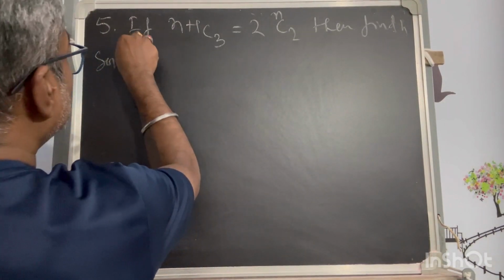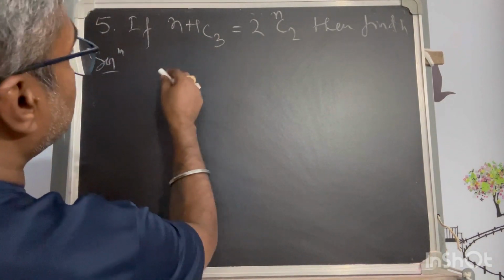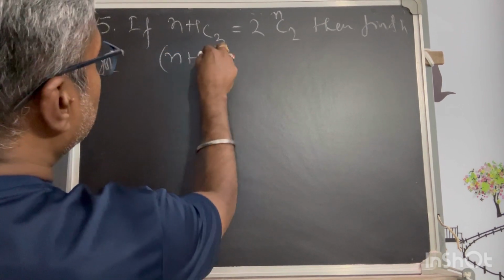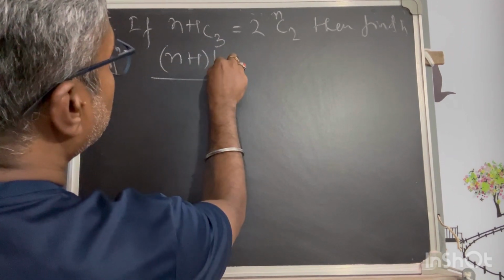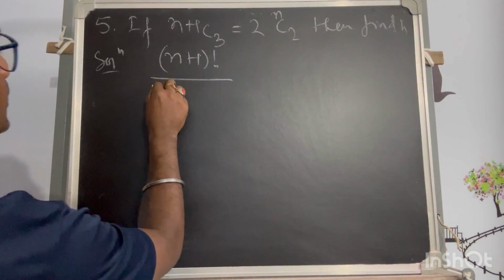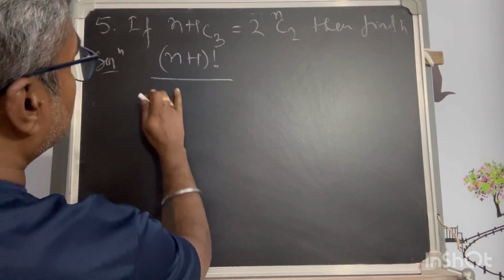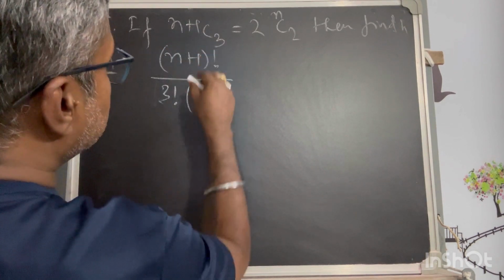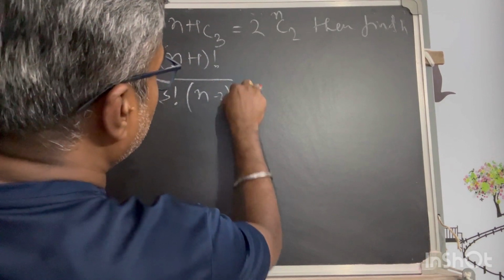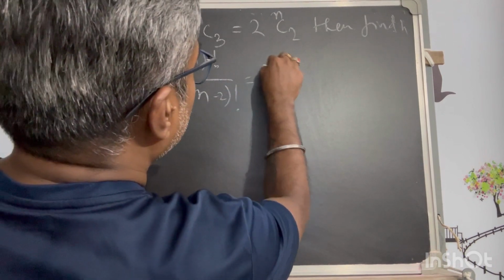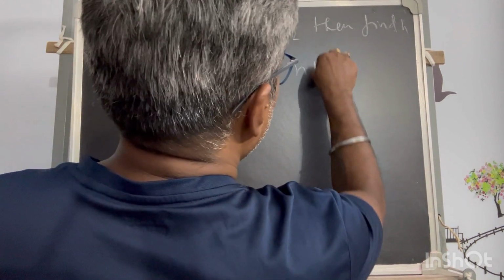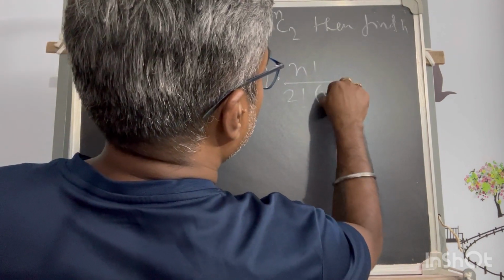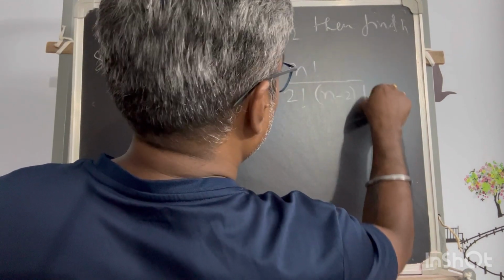So this (n+1)C3, how will you expand it? It is factorial (n+1) divided by factorial 3 and factorial (n+1-3), that means (n-2) factorial, and this side is 2 into factorial n, factorial 2, and (n-2) factorial.